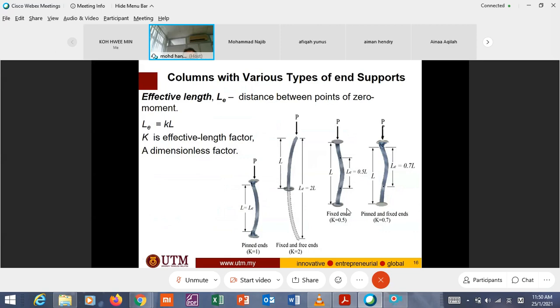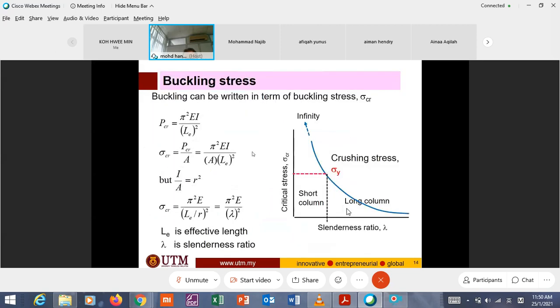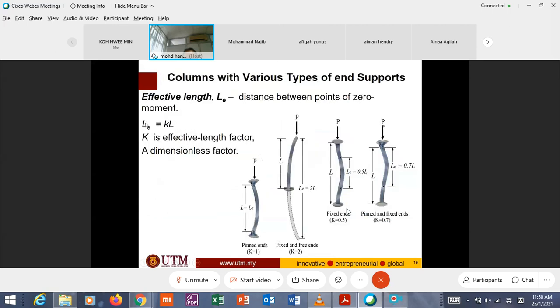So what is LE? LE is equal to KL, where K, as we have done before, equals 1.0 for the pin connection here, where L equals LE.